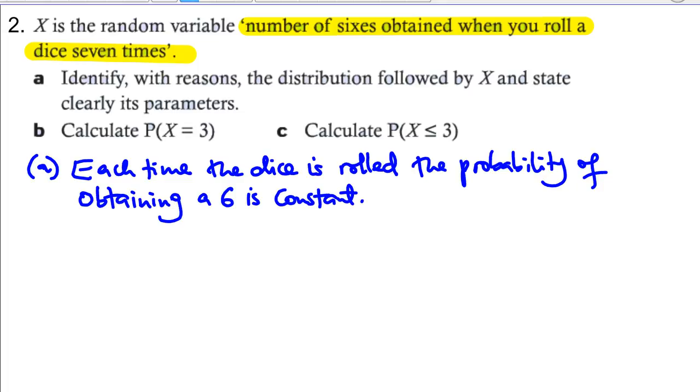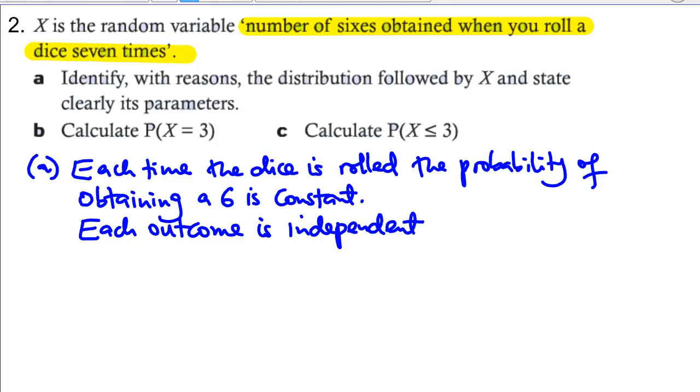Because you're rolling a die 7 times, each of those trials is independent, which is very important. And the probability of obtaining a 6 is constant. So we can say this is a binomial experiment. So let's move on to B.